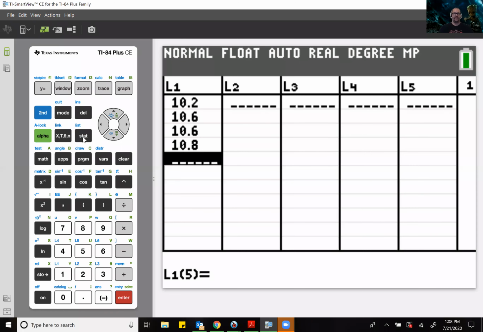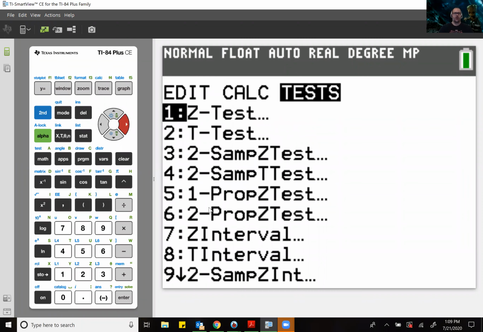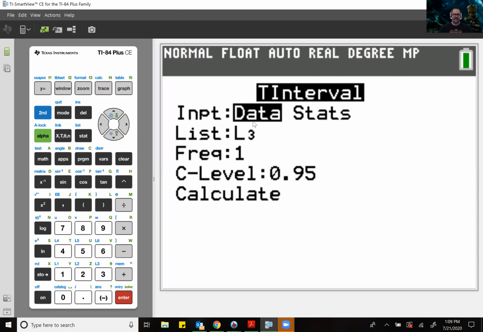Now go into Stat and scroll over to Tests, and you are doing a T interval, number 8. You're going to do it from data. Down here we have to change this to L1 because mine says L3.